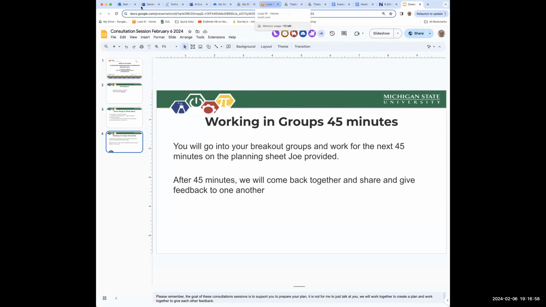But before we go into the breakout rooms, I want to ask, what questions do you have about the planning outline? What questions do you have about Health in Our Hands? As you have been looking at the planning document and thinking about Health in Our Hands, what questions have you come across?